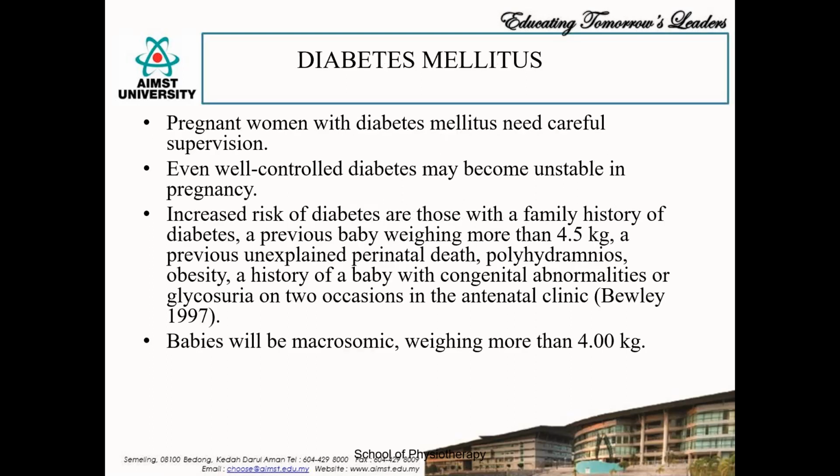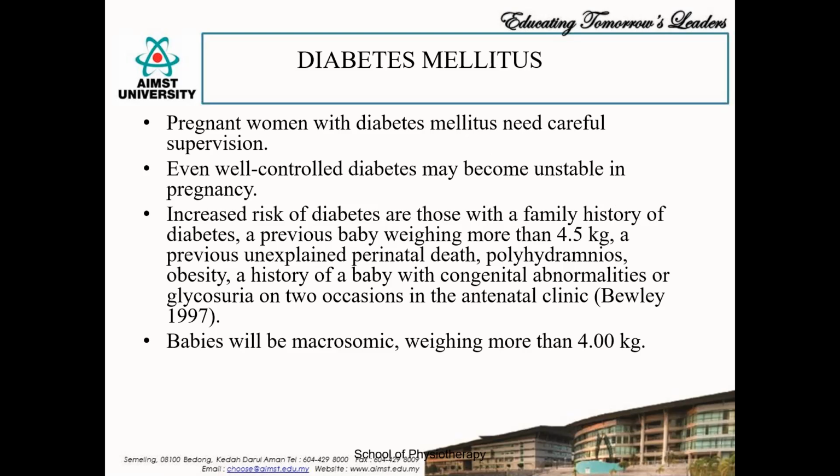Then diabetes mellitus. Diabetes mellitus is a very dangerous complication. The pregnant mother with diabetes mellitus needs to be carefully supervised. If the mother was diabetic before pregnancy, they give insulin and maintain the diabetes level in the normal range.